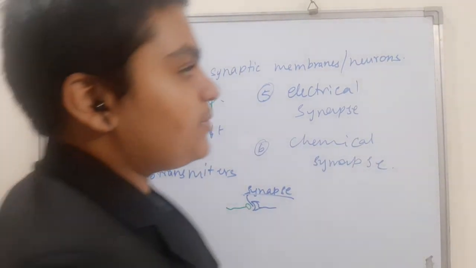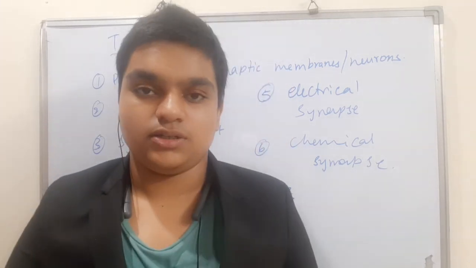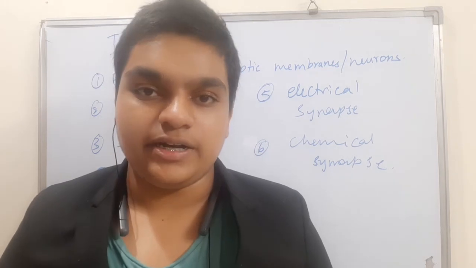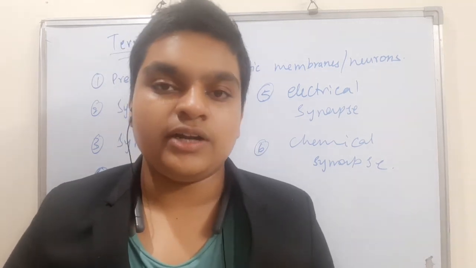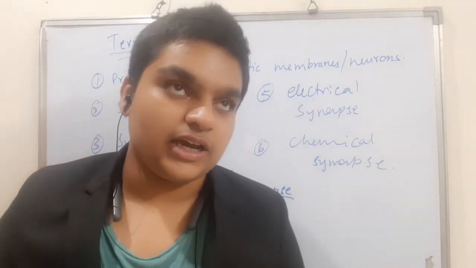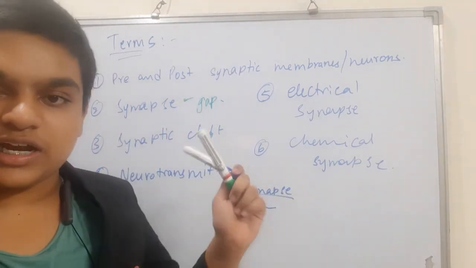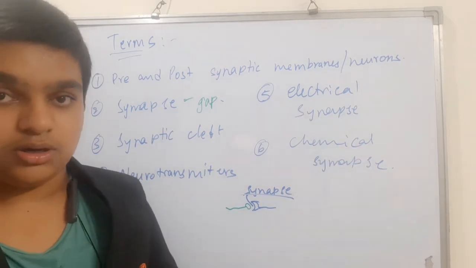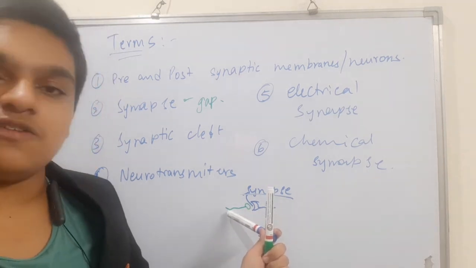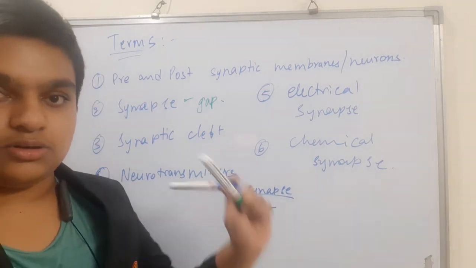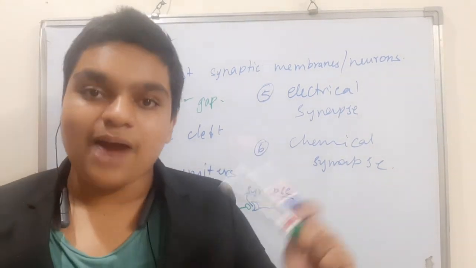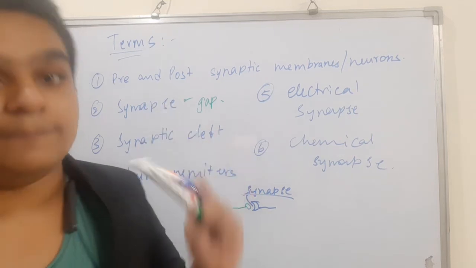A synapse is a gap present between two dendrites of different neurons, one axon and one dendrite, or one dendrite and one axon. In place of this axon there can be the dendrite of the other neuron, or in place of the dendrite there can be an axon. Two axons, two dendrites, or one axon and one dendrite. The gap present between them is called the synapse.